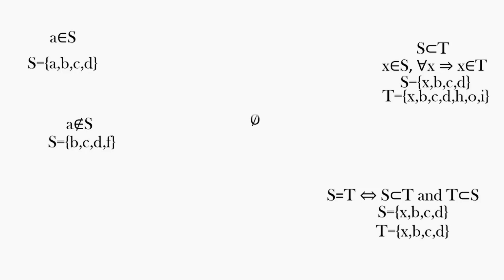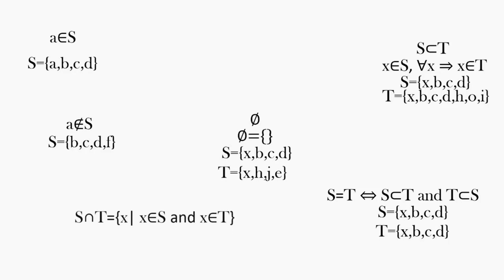And now a little pun. An empty set, a set that does not contain any element, is by definition a subset of any set. The intersection of two sets looks in this way.